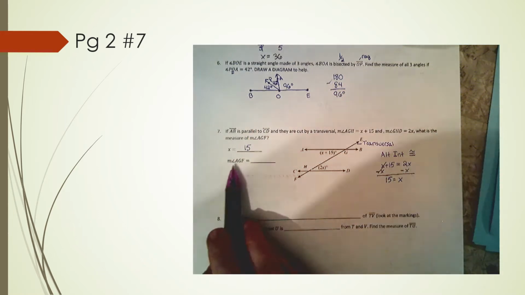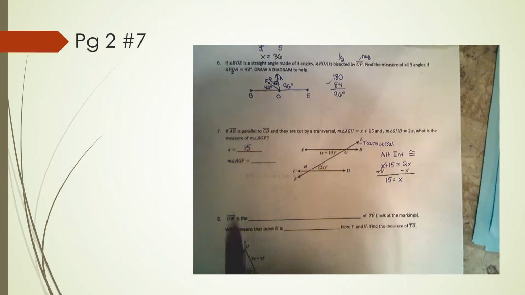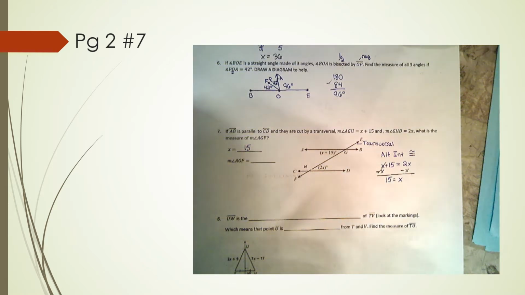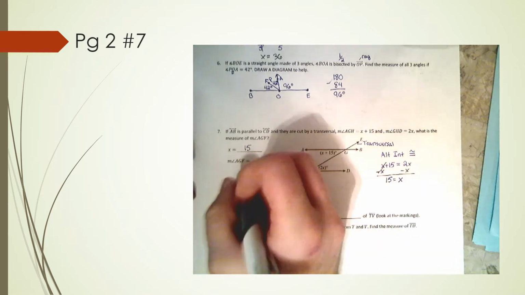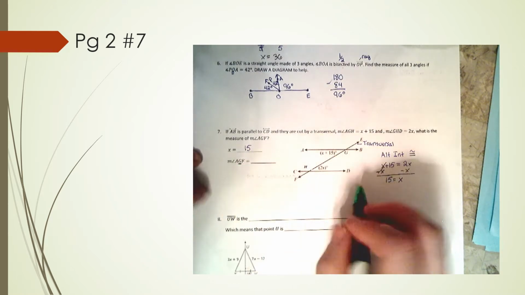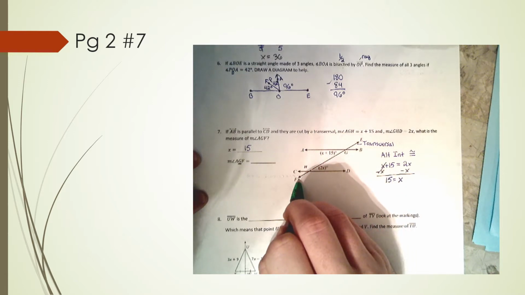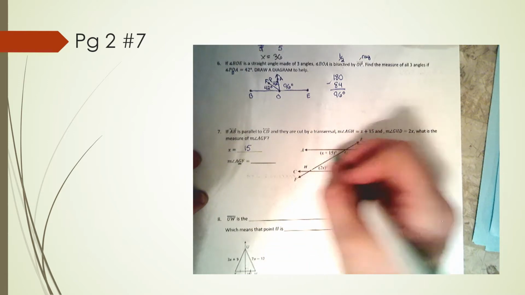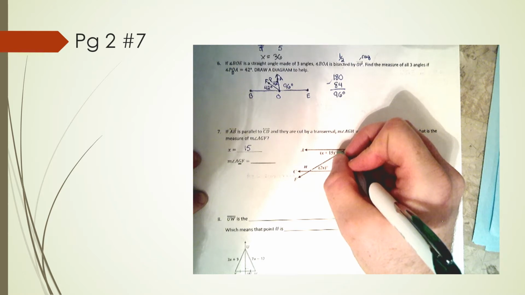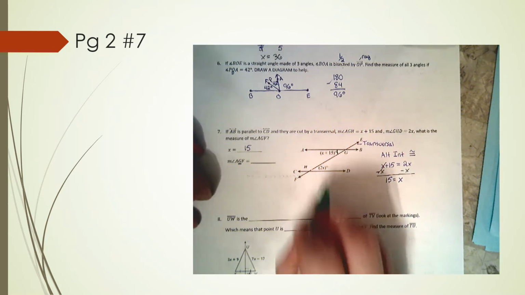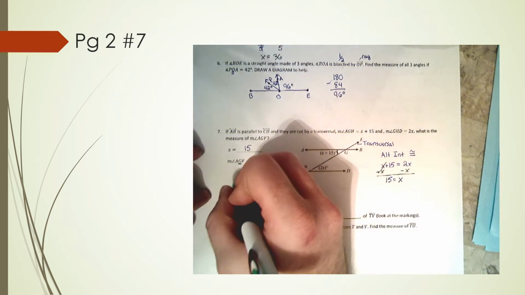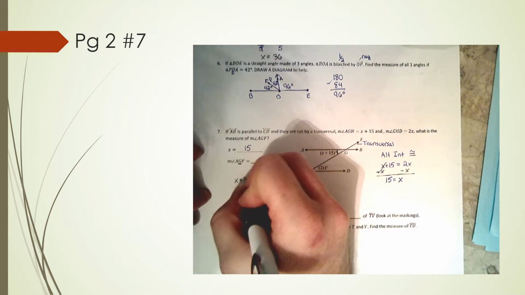Now, the angle that they want us to find is angle AGF. The most important letter in that is the G. So if I'm looking at AGF, that means I'm looking at this angle right here, which is x plus 15.